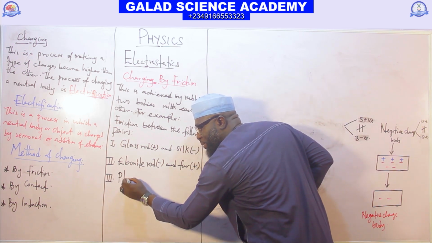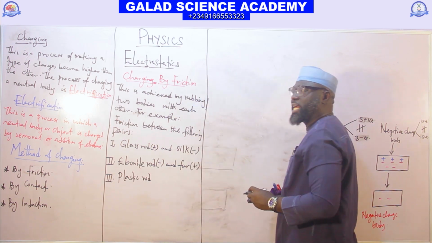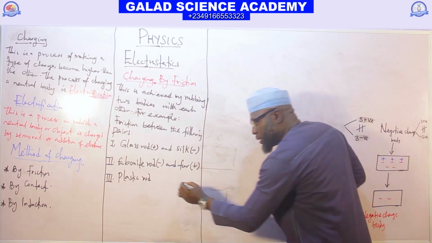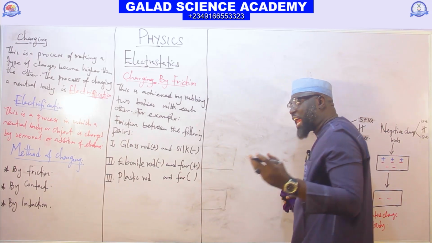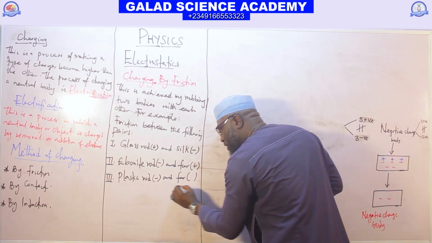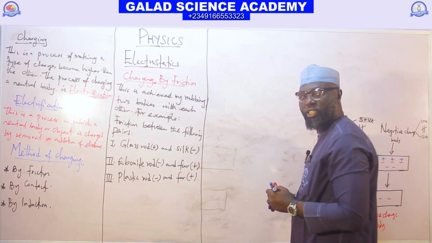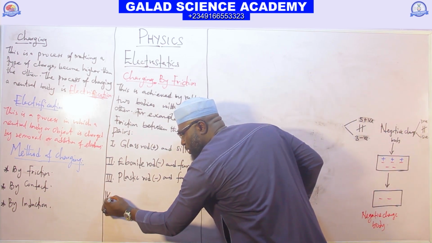The rubbing of a plastic rod with fur, after the rubbing, the plastic rod will give you a negative charge, and fur will give you a positive charge.